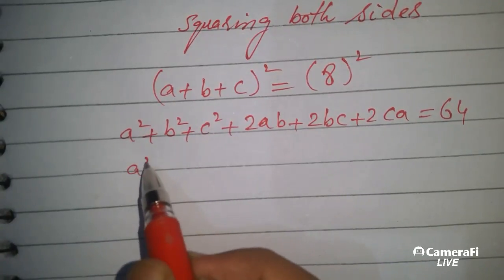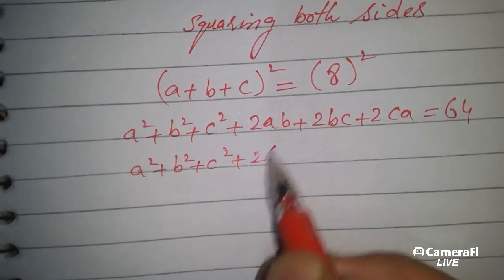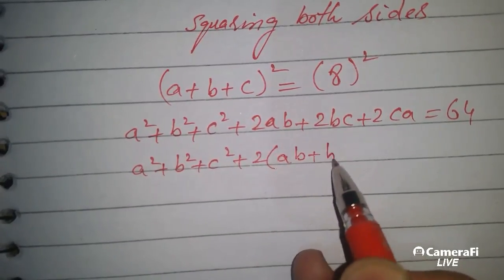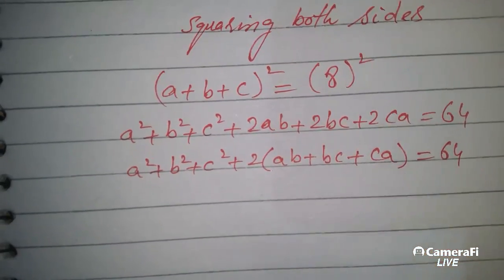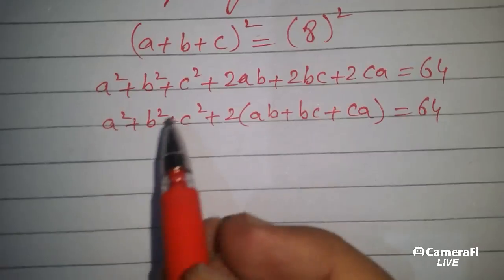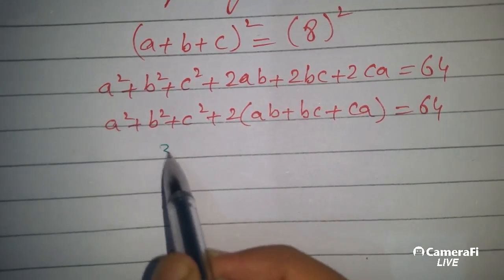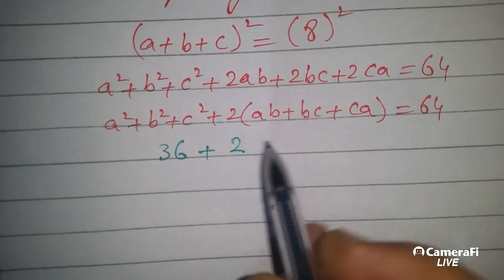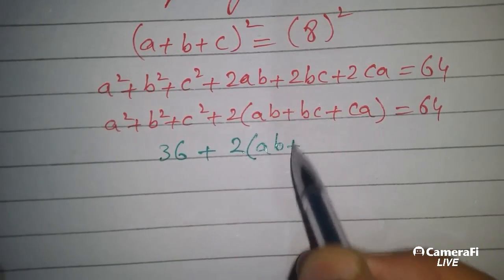Now I can just apply the values. A square plus b square plus c square is given as 36, and this is what we are looking for.